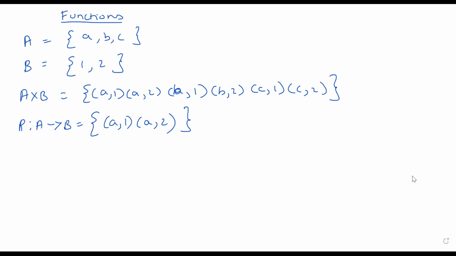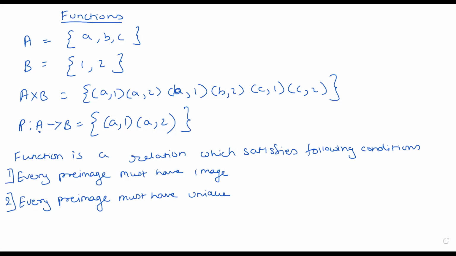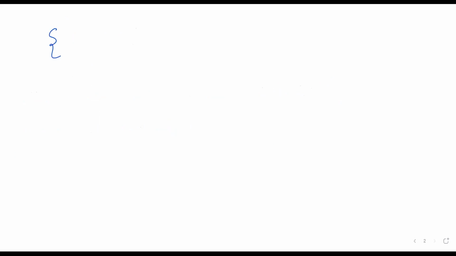The first condition is every pre-image must have an image. Pre-image means what? When the relation is from A to B, every element of A. And the second condition is every pre-image must have a unique image.